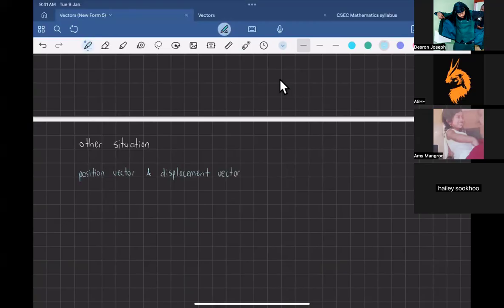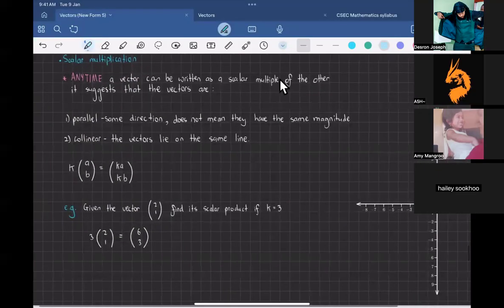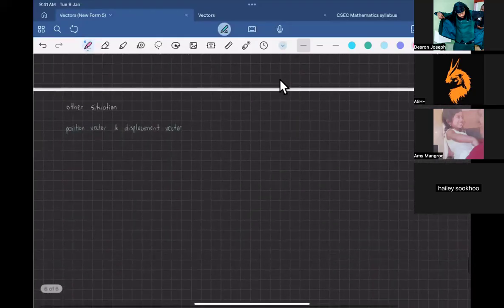Guys, I just want to add something. In this example, the vectors that were used were position vectors. Take your time to copy things down. I'm just explaining the concept.